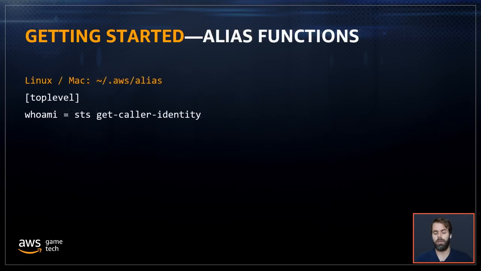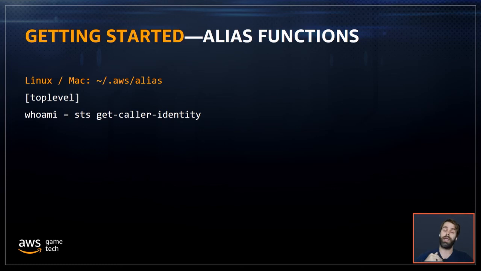The next function that we're going to be looking at is alias functions. In this example, on Mac and Linux, we have the ability to have alias functions under the AWS CLI. Instead of doing an STS get caller identity, which is a particular CLI command, I could map that directly to something custom. In this case, it might be "who am I", but it's going to be calling the STS get caller identity, and I'm not going to have to type all of that out.